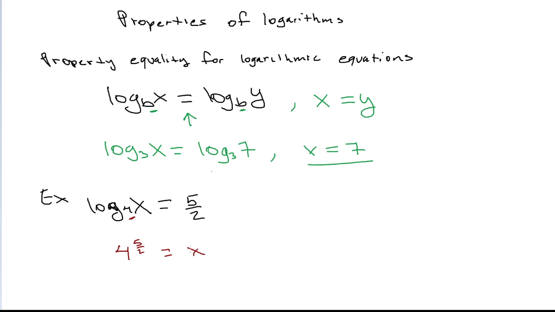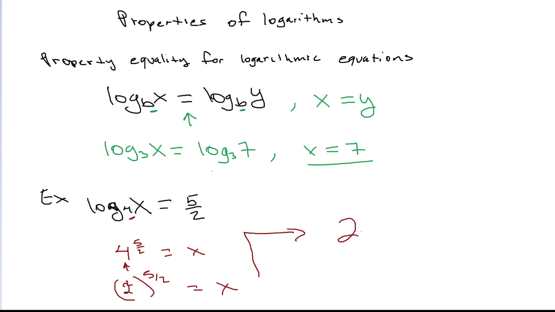In this case, you can just put this in the calculator and work it out, 4 to the 5 over 2, or you can try to change this base to perhaps 2 squared to the 5 over 2.